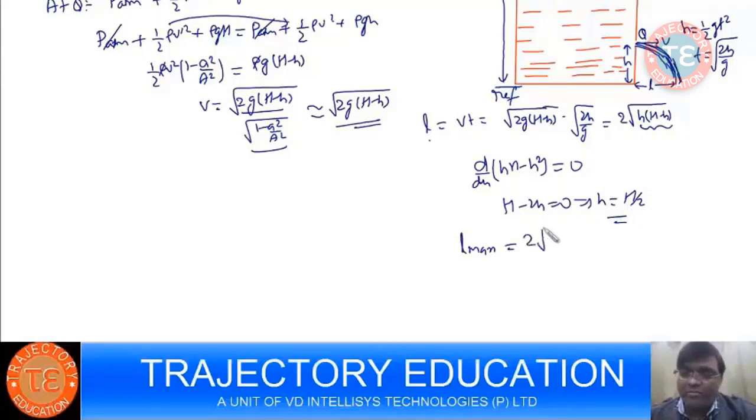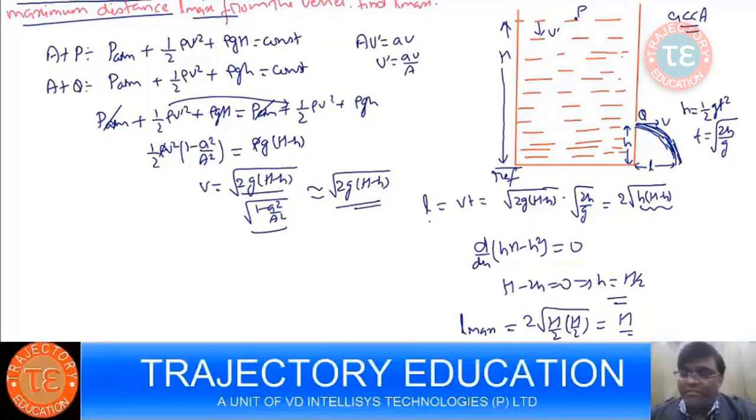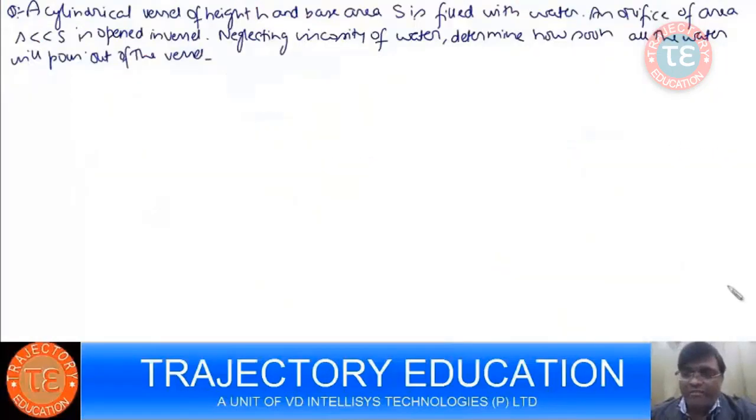Small h is capital H by 2, so small L max is capital H. Okay, so I hope you understand. I'll move to next question.